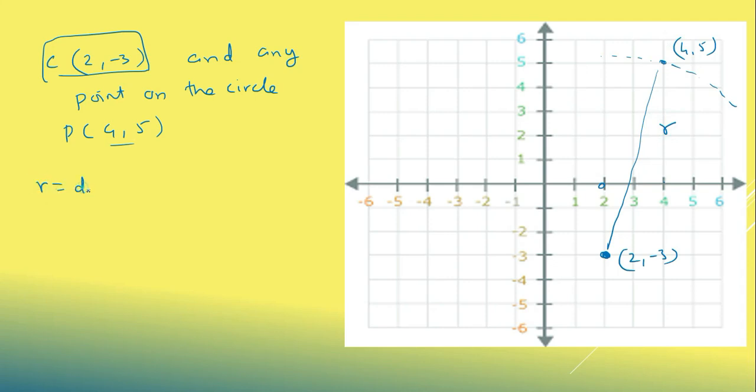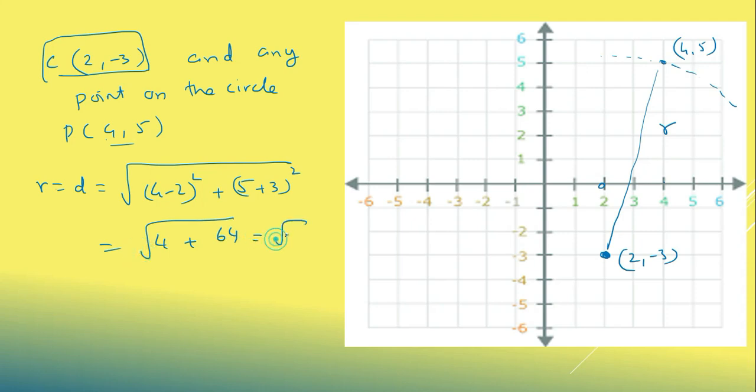So the radius is the distance between these points, which is square root of (4 minus 2) whole square plus (5 minus of minus 3, 5 plus 3) whole square. It will be 4 minus 2, 2 square is 4. 5 plus 3, 8 square is 64.